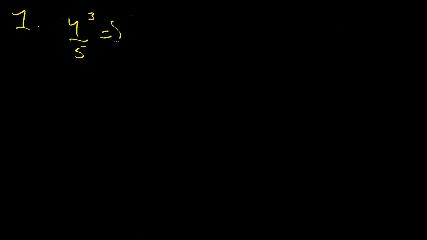So it would only be 4 to the power of 3, which would be 4 times 4 times 4, 3 times, over 5. So 4 times 4 is 16, and 16 times 4 is 64. So the answer would be 64 over 5.